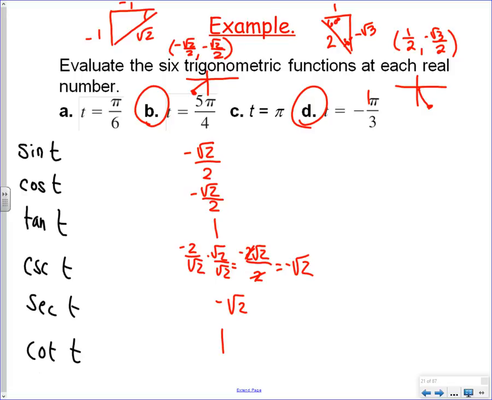You know what they are? Ready, set, go. Sine, cosine, tangent, cosecant, secant, cotangent. How many can you fill in?